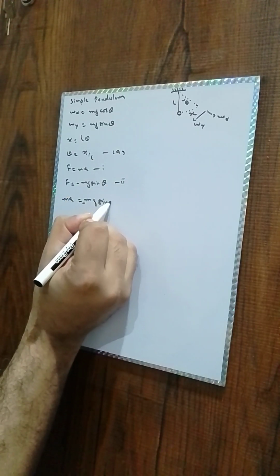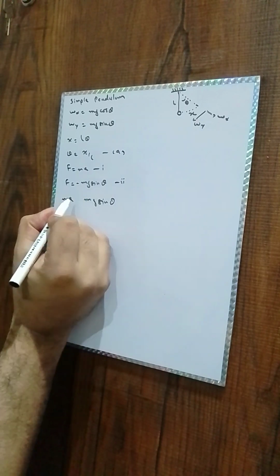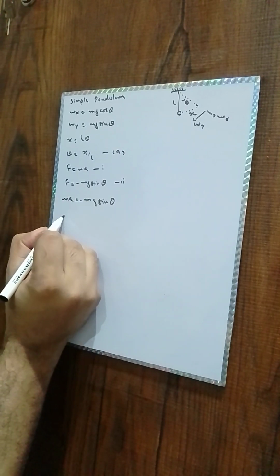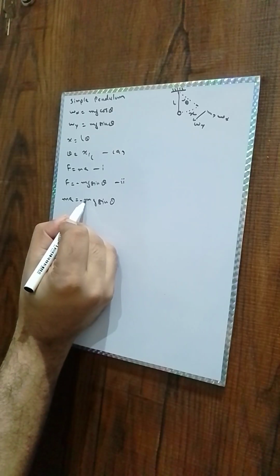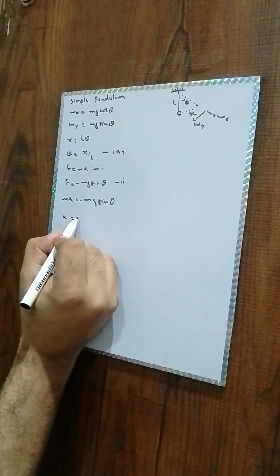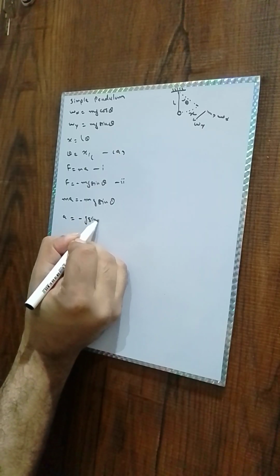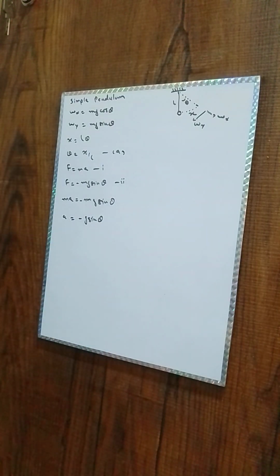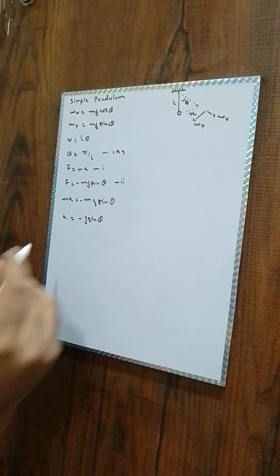ma is equal to minus mg sin theta, and m gets cancelled out, so a is equal to minus g sin theta.